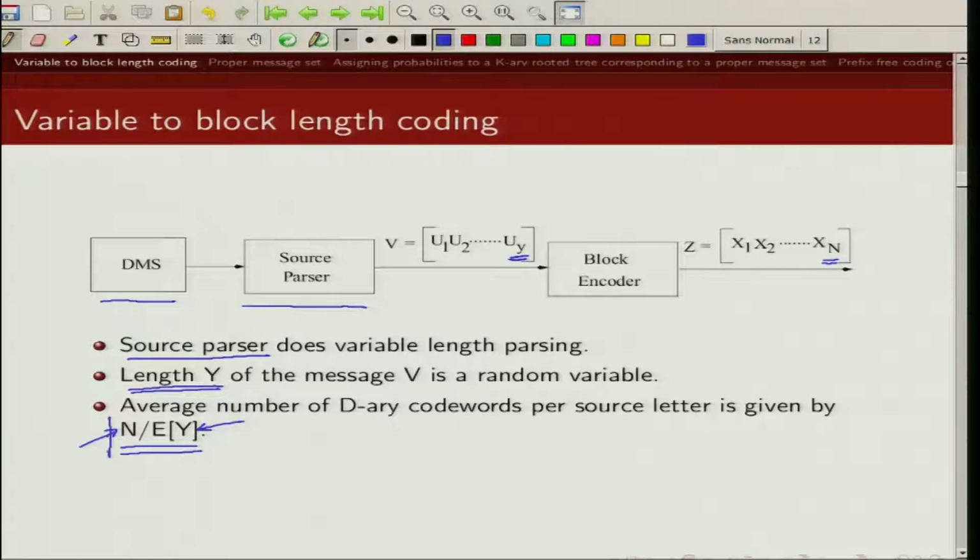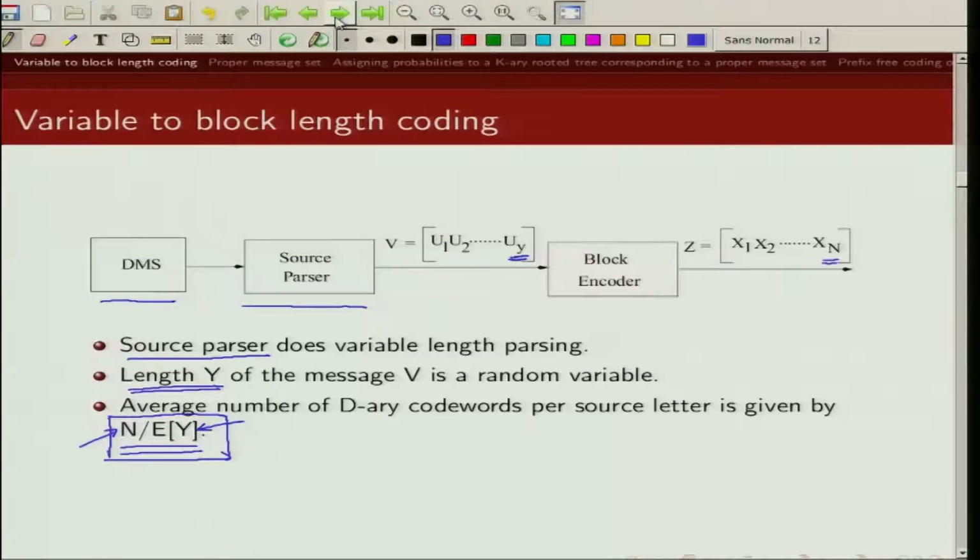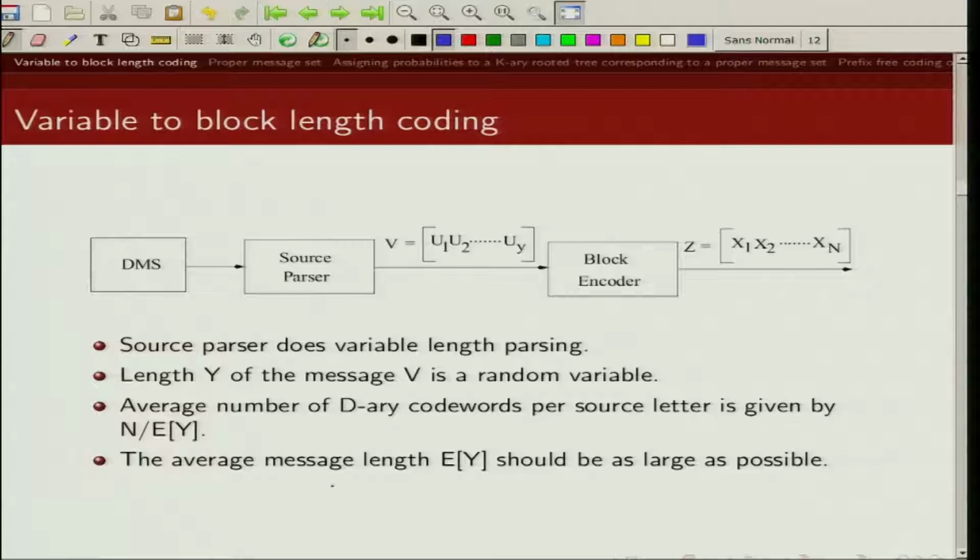So a measure of goodness of this compression is the ratio n by expected value of Y. Clearly, if you want good compression, we would like the expected value of Y to be as large as possible for a given n. So our objective in designing this variable to block length code is to parse the source in such a way that the expected value of Y is maximized.